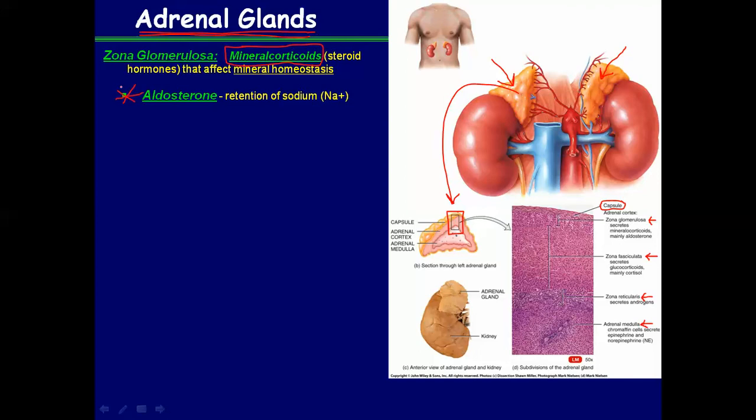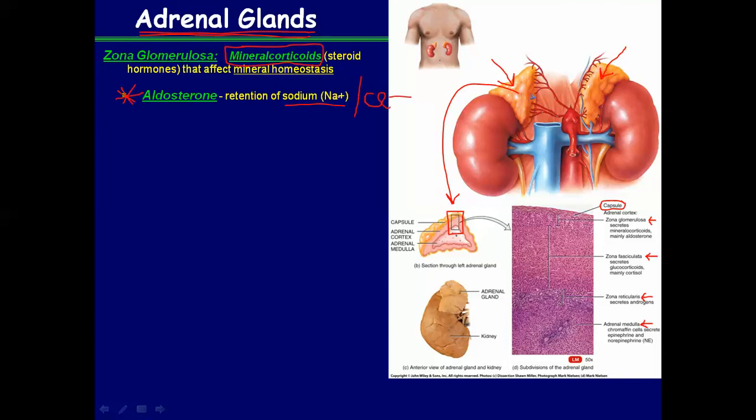And aldosterone is another one of these hormones you're going to hear about quite a bit this semester. Kind of like antidiuretic hormone, in that it's involved in a number of systems. So is aldosterone. What it does is it retains sodium. It actually retains sodium and chloride. So it keeps these ions in the body.